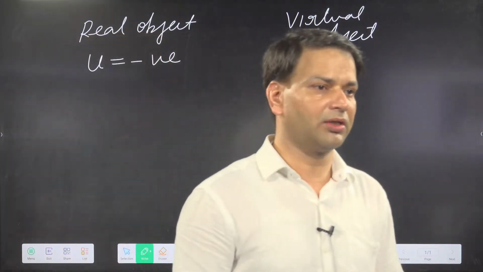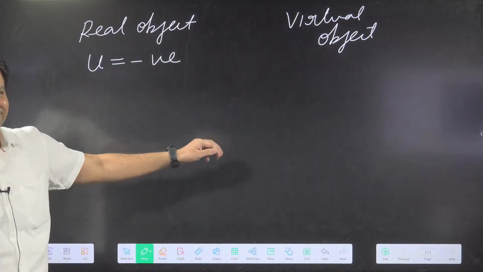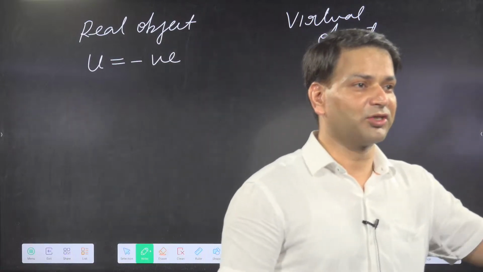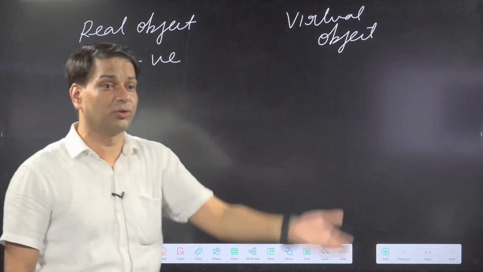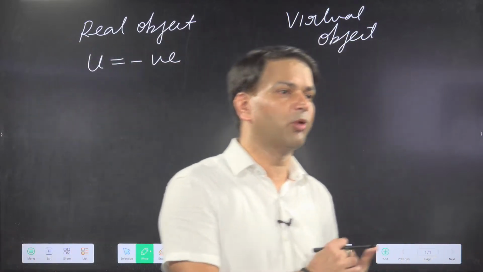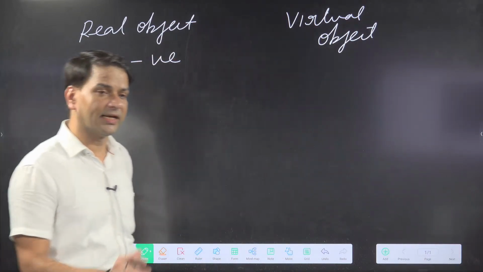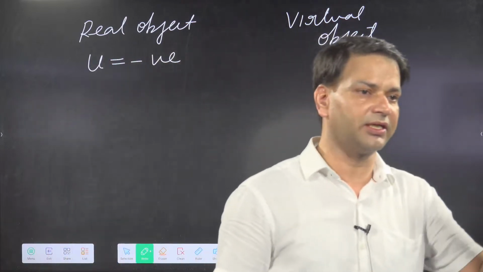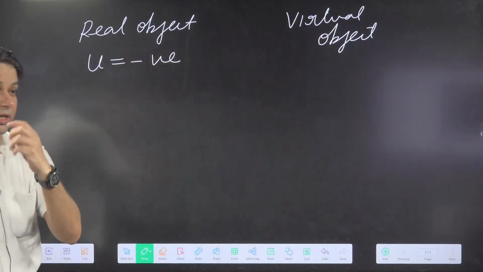Okay, what is a virtual object? That I will discuss in the last. Virtual object, they will not say like virtual object we cannot place because virtual object does not exist. So when a converging beam of light ray is going and it falls on the lens or mirror, then when they are using this statement, converging beam of light is incident on the mirror or the lens, then it means we have to take it as a virtual object.